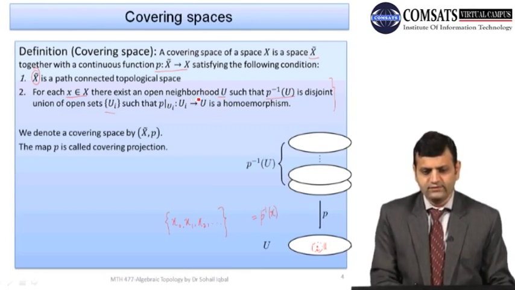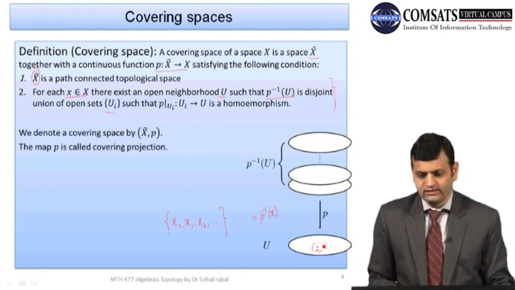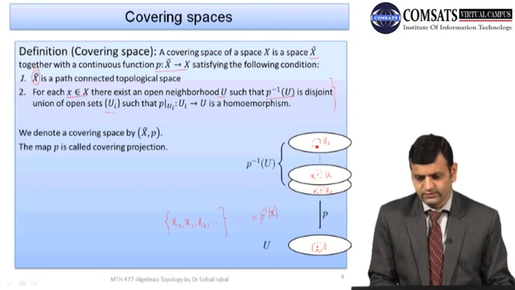Similarly, the inverse image of U is going to be a collection of open sets, and let's call them U0, U1, U2. U2 is homeomorphic to this open set U, U1 is homeomorphic to U, and U0 is homeomorphic to U. So the inverse image of x consists of x0 contained in U0, x1 contained in U1, x2 contained in U2.